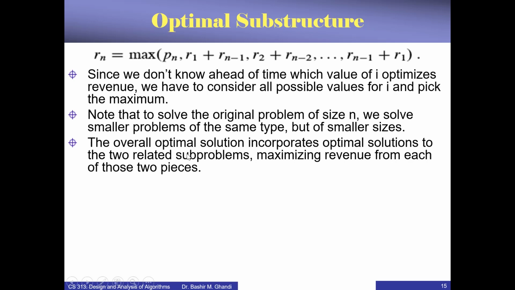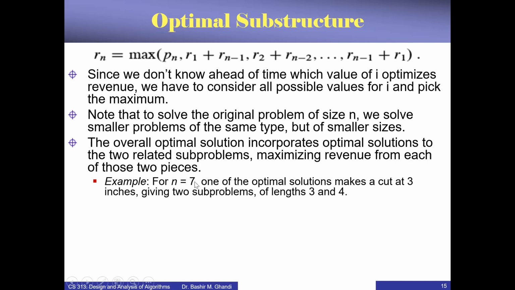So the optimal solution involves optimal solutions to the subproblems. I will explain what this means by an example. If, for example, you take n equal to 7, then one of the optimal solutions will make a cut at 3, giving you two pieces of length 3 and 4.